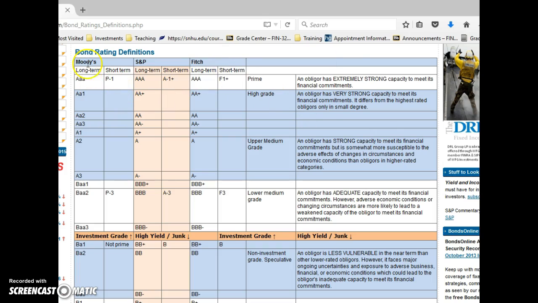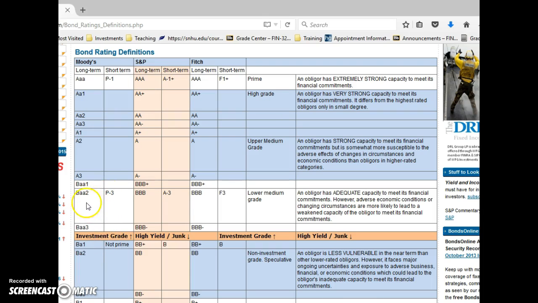Each one of these firms has a different rating system to rate bonds. So we see under Moody's, the best bond rating is AAA. A AAA under Moody's means this company has a very strong capacity to meet its financial commitments. And that's the equivalent of a AAA at Fitch and S&P.